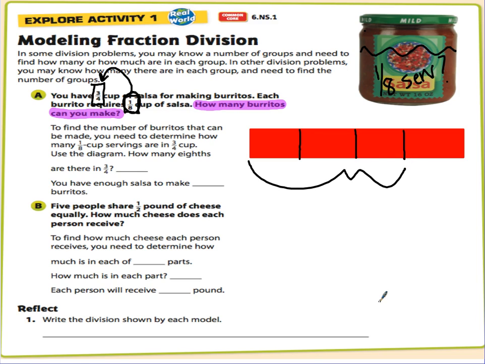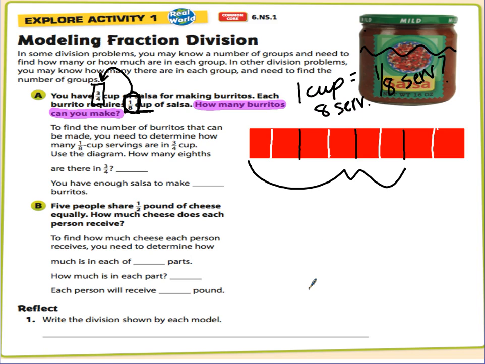But I know that 1/8 of a cup is a serving. So in this whole entire cup of salsa, I want to look at how many eighths there are. So I'm going to cut this whole thing into eighths. So that would be 1, 2, 3, 4, 5, 6, 7, 8. Because I know in one cup of salsa, there should be 8 servings.